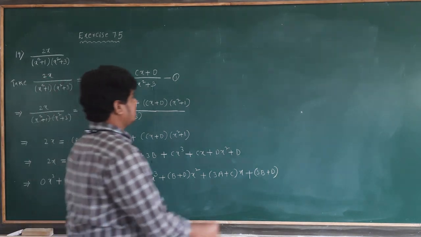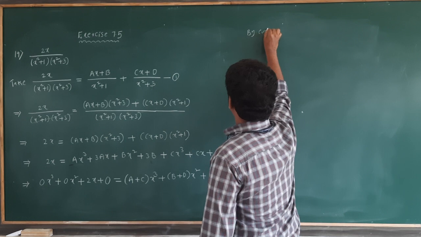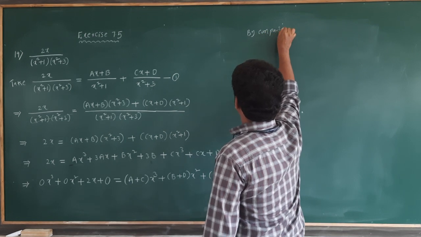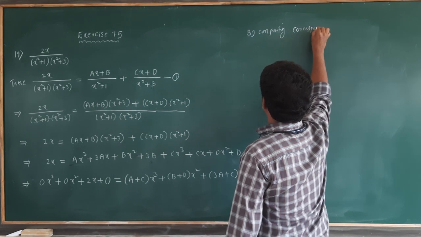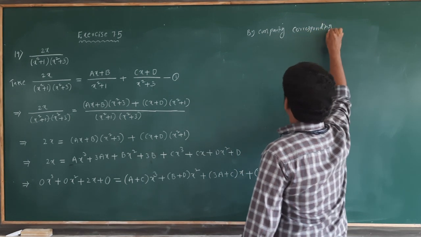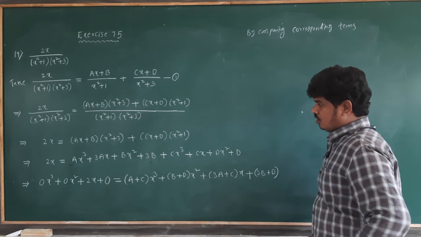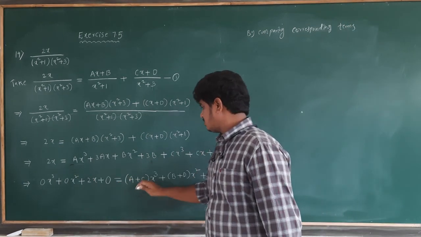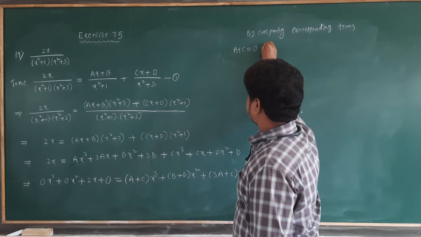So by comparing corresponding terms, what will we get? First, x cube coefficients: a plus c is equal to 0.